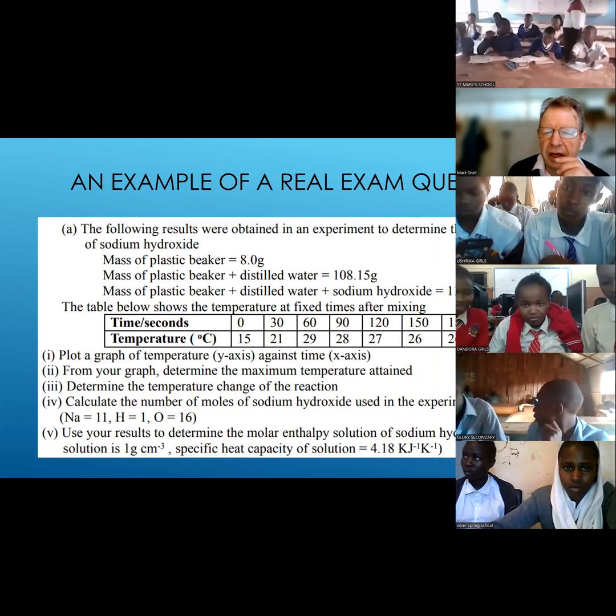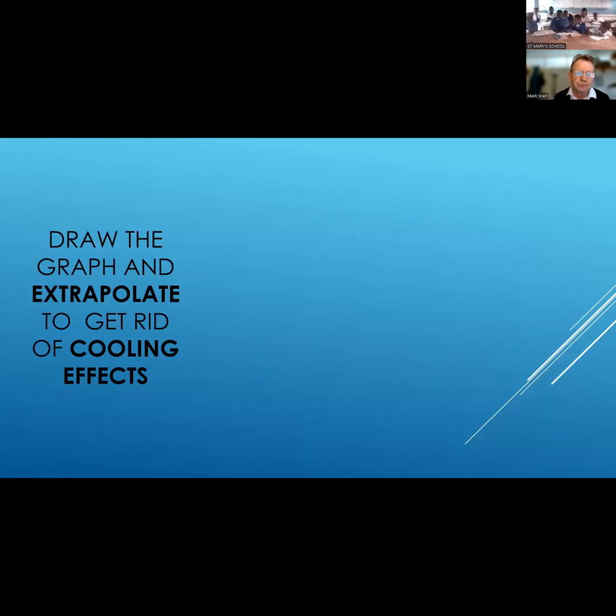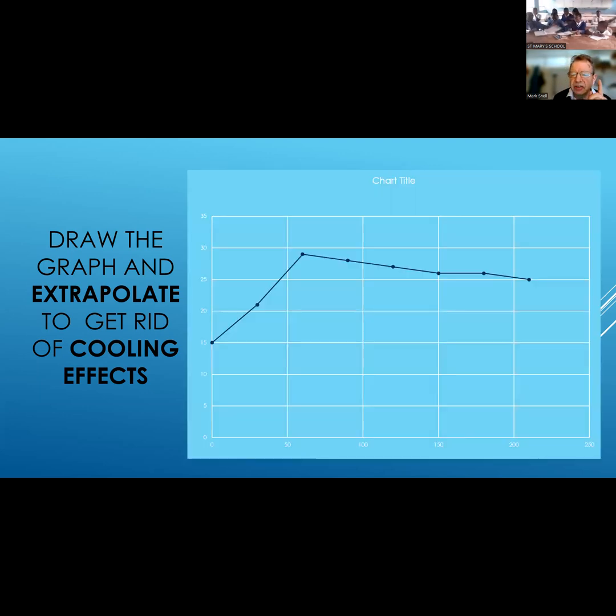I'm going to show you my graph now, a graph which was produced using an Excel spreadsheet. So you draw the graph, and most of you should draw a nice smooth graph, but I'm going to show you Excel because it helps us understand.